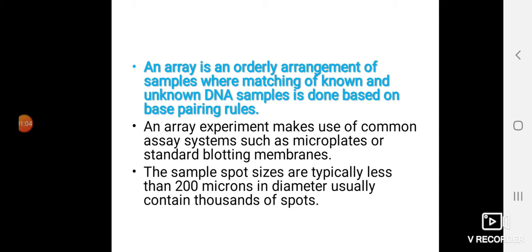So typically the sample spot is going to be less than 200 micron diameter, and thousands of spots are going to be made on a single glass slide, or even nowadays people are also using Affymetrix matrix.